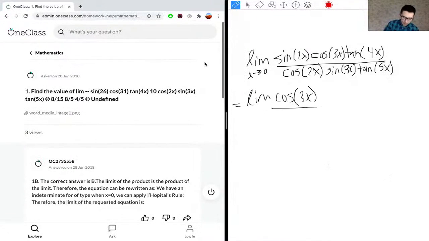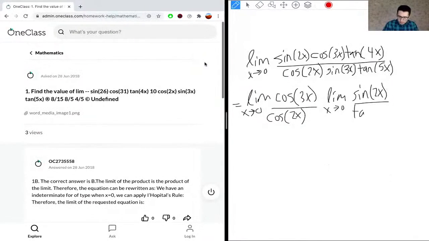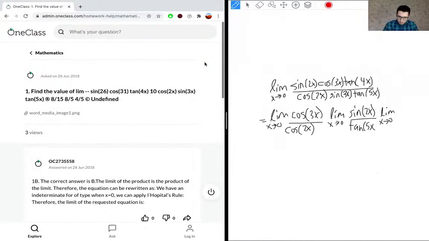So cos 3x, so x goes to 0, cos 3x over cos 2x, because we know we can evaluate for this, times the limit x goes to 0 of sine 2x over tan 5x times the limit of x goes to 0, and we have the final one here.